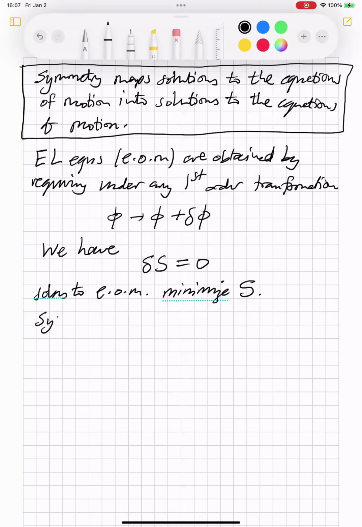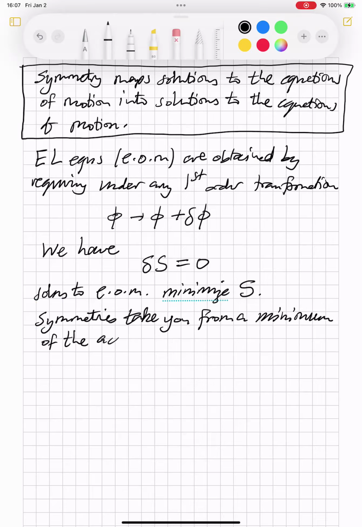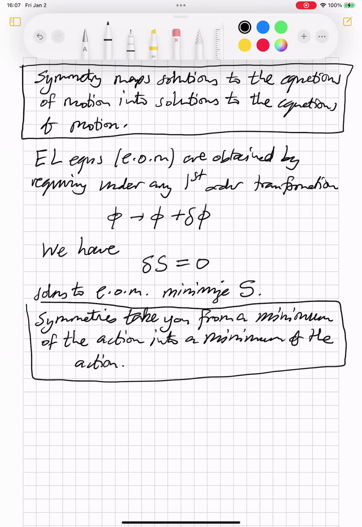We can say symmetries take you from a minimum of the action into a minimum of the action. Okay? And now we've got a statement about symmetries in terms of the action.